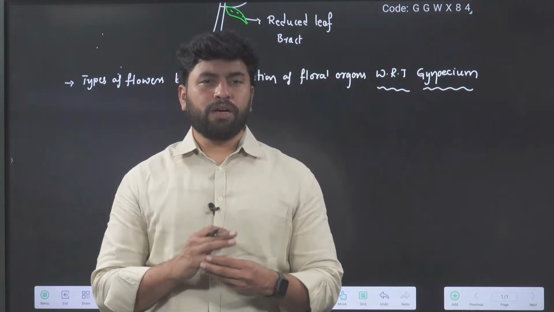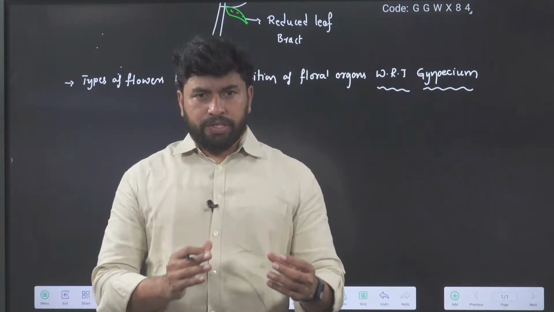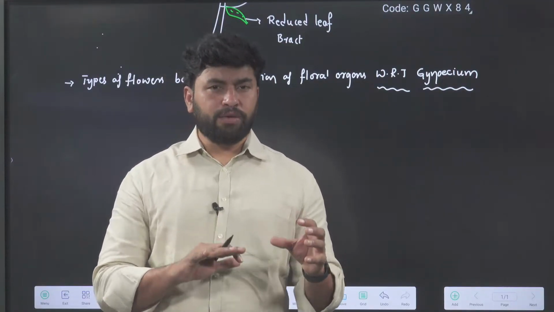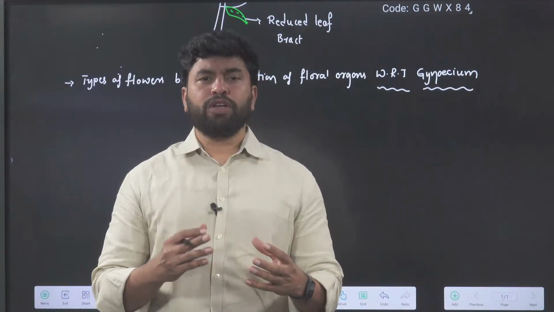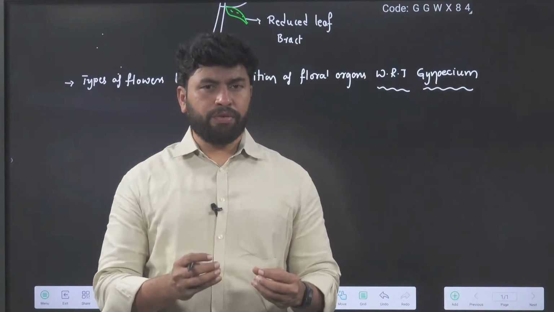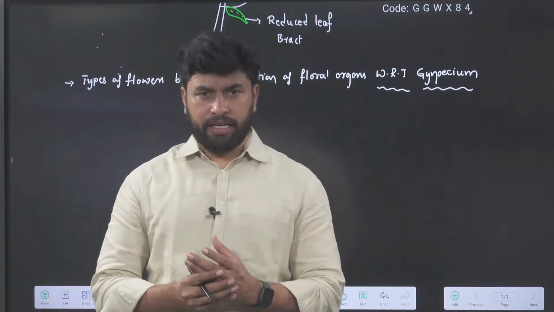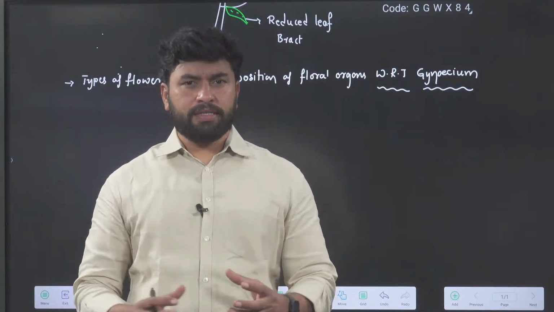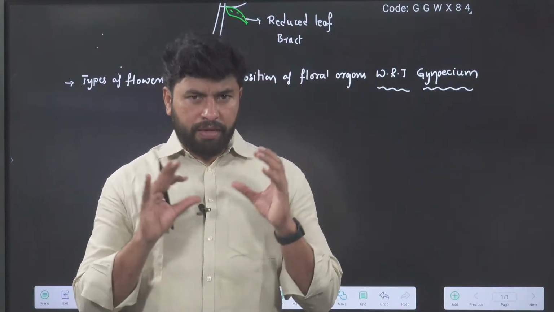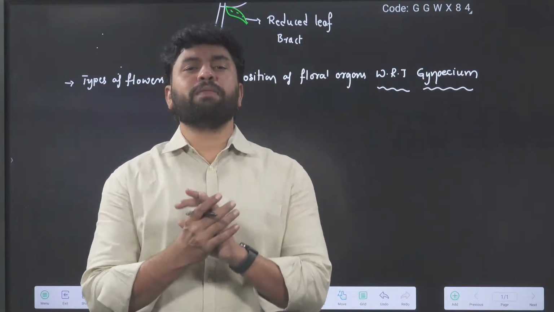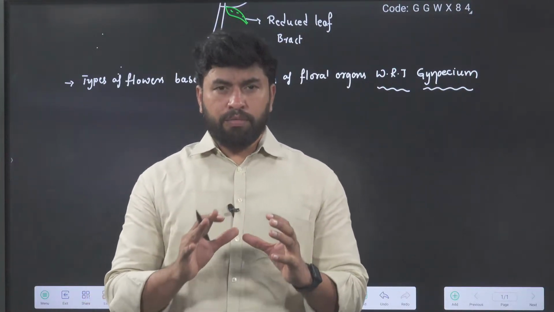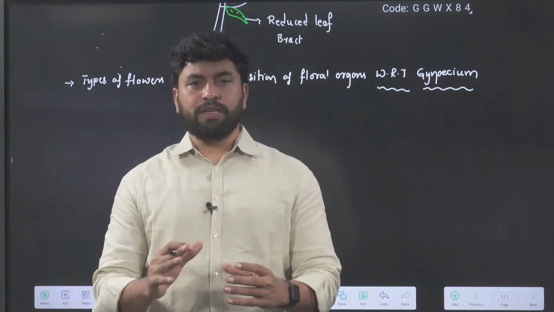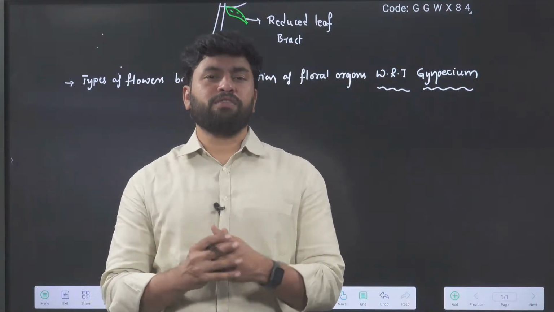But when it comes to the gynoecium, after the pollination, this is the only part of the flower that remains. In that gynoecium, the ovary naturally becomes a fruit and the ovules become seeds. That's the criterion. This is the reason most of the morphological developments of the flower give most of the space to the gynoecium, because the gynoecium is the one which remains after pollination.